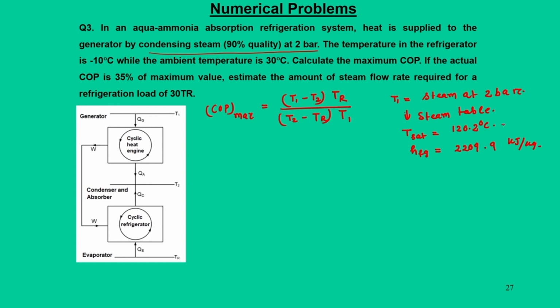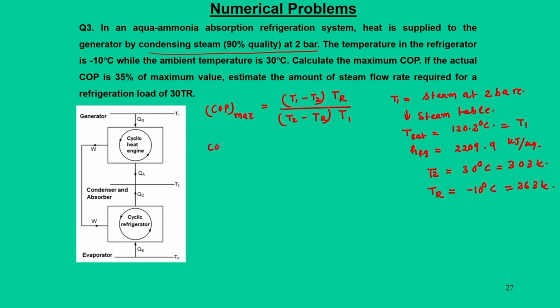So here T saturated is nothing but your T1. T2 is ambient, that is 30 degree centigrade, 303 Kelvin. Tr, the evaporator temperature, is minus 10 degree centigrade, that is 263 Kelvin.